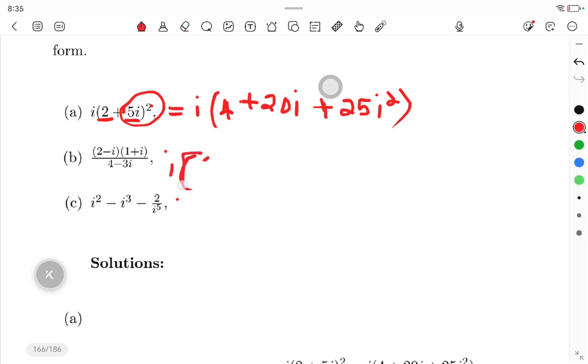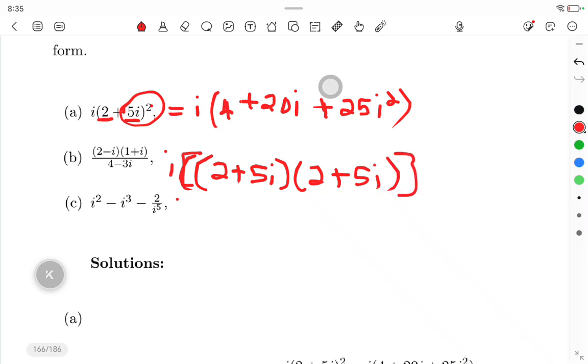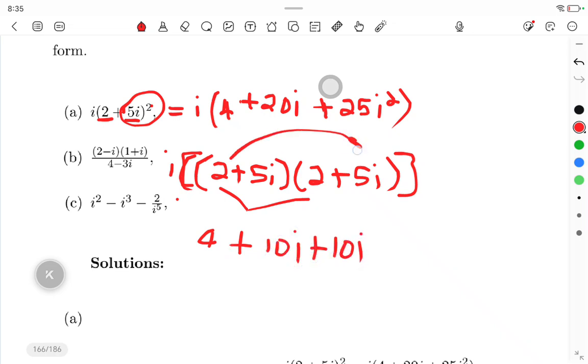It's like you multiply this, then you multiply this. Then when you multiply these, you're going to have 25i squared, and this is what we have there, which is inside.